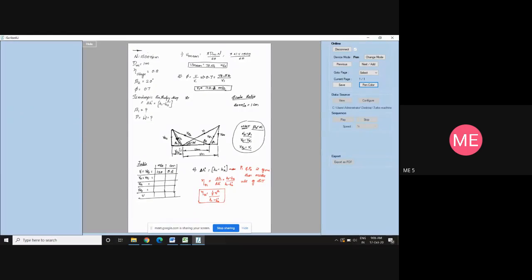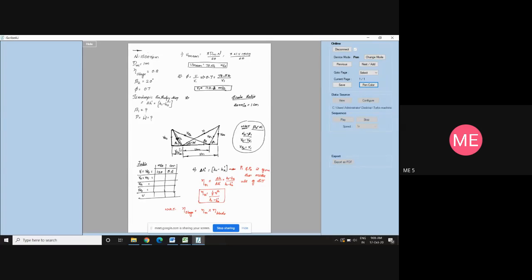Now nozzle efficiency is also not given in the question, but we know stage efficiency is equal to the product of nozzle efficiency and blade efficiency, correct? Separately we know nozzle efficiency, and we'll find out the blade efficiency.